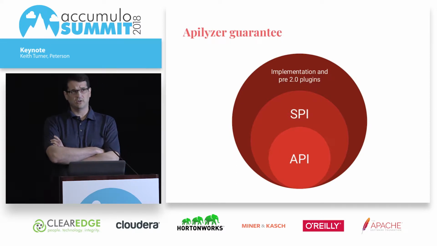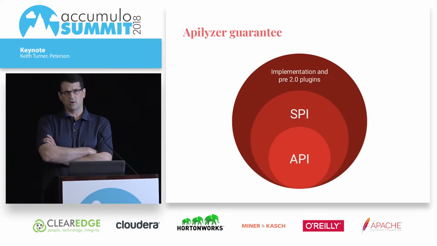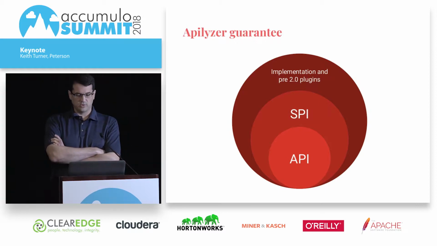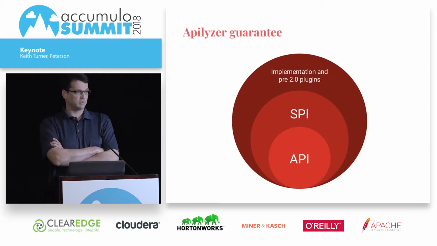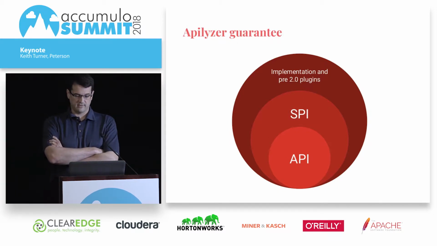I think it's org.apache.accumulo.core.spi. And within that package, we run something called Apilyzer, which is a plugin that came out of the Accumulo project that checks to make sure that an API only uses the types you expect.